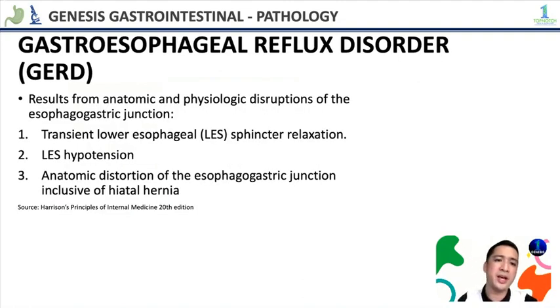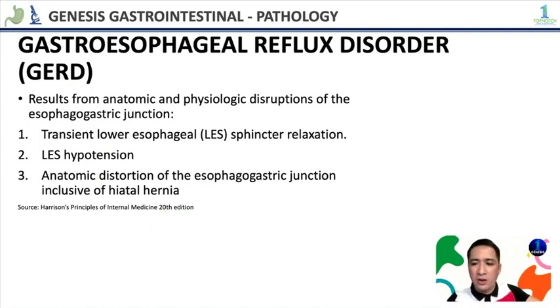So remember, your gastroesophageal reflux disorder, it results from distinct anatomic and physiologic disruptions of the esophagogastric junction. According to Harrison's, we have the transient lower esophageal relaxation, hypotension of the lower esophageal sphincter, and anatomic distortion of the esophagogastric junction.